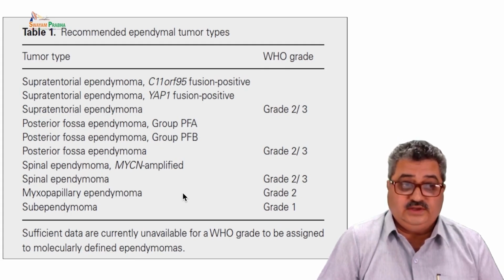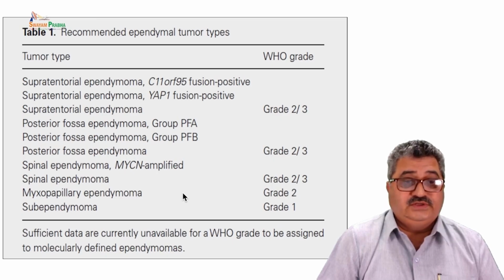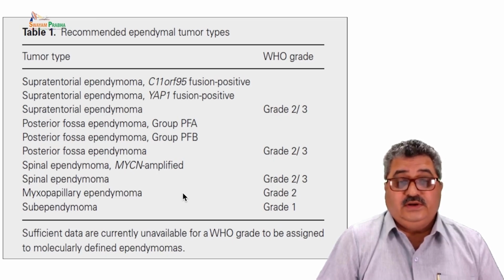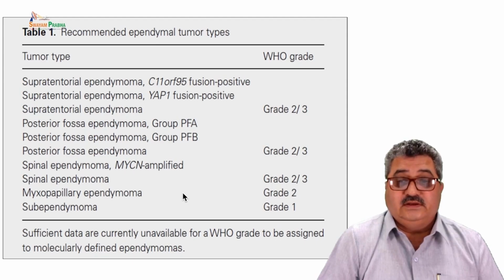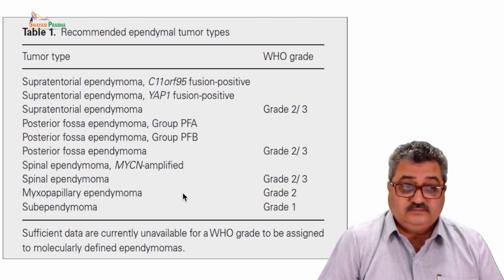The same is true in the posterior fossa. If H3K27me3 is lost, it is PFA. If it is intact, it is PFB. And any tumor not showing this loss or gain should be graded as grade 2 or grade 3.